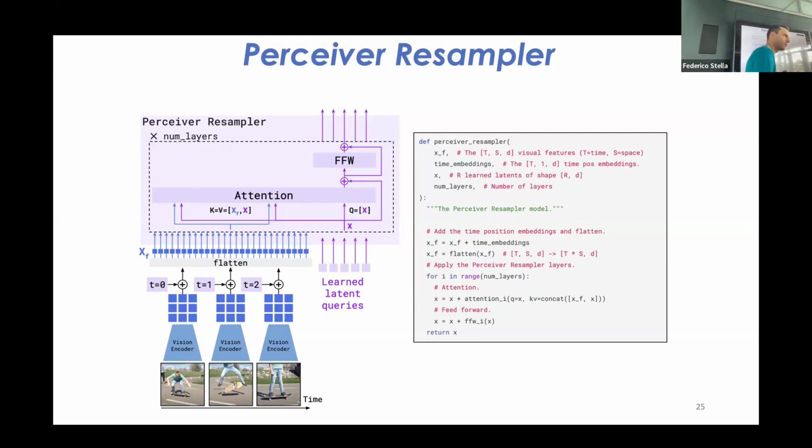The point of the resampler is to be able to treat various types of image inputs, I mean image or video. It's more efficient than other approaches. They show it works better than other approaches, like an MLP or vanilla transformer. But they also mostly wanted to avoid the cost of using visual transformers on images.